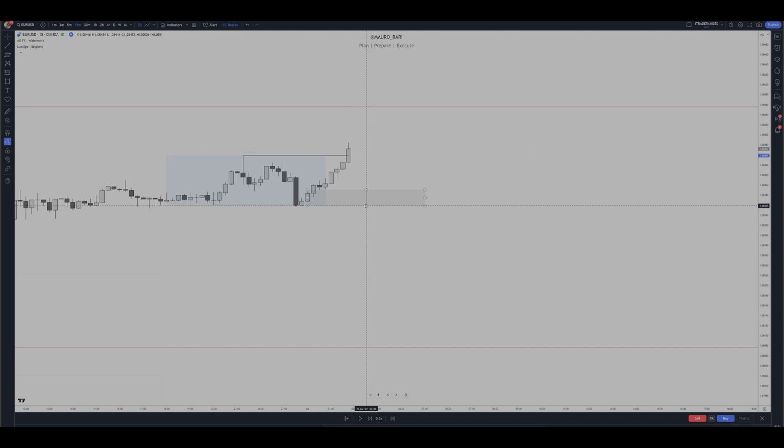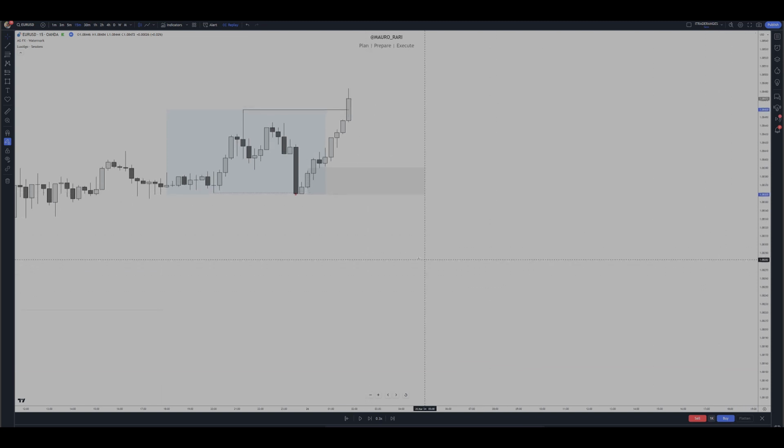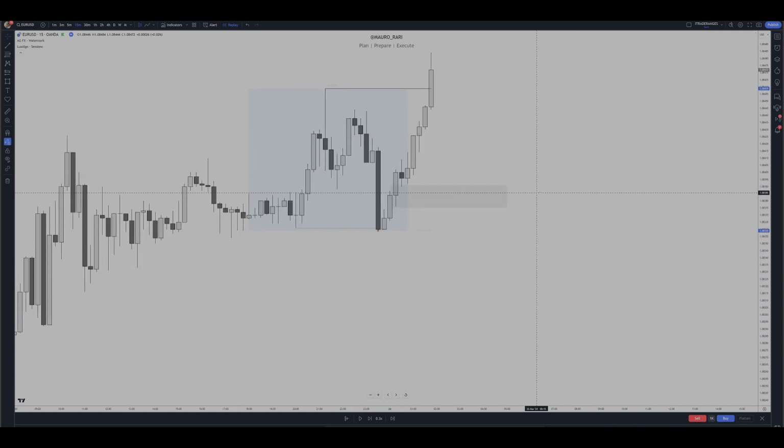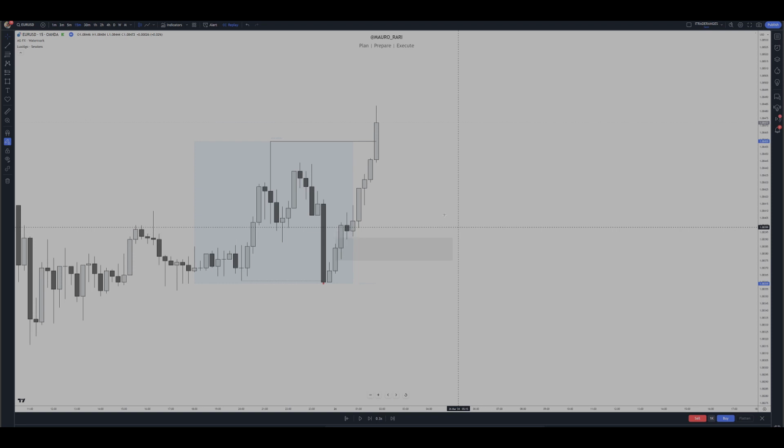If I want to do a better refinement, on the 15-minute chart, I can see that this hidden base is perfectly inside my point of interest, so I could easily target only the hidden base. So now when I am refining the POI in this way, I need to accept the fact that probably I'm gonna be stopped out just before the real movement starts, in front of a very huge risk to reward.